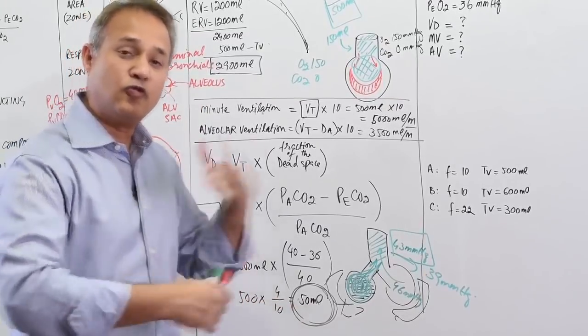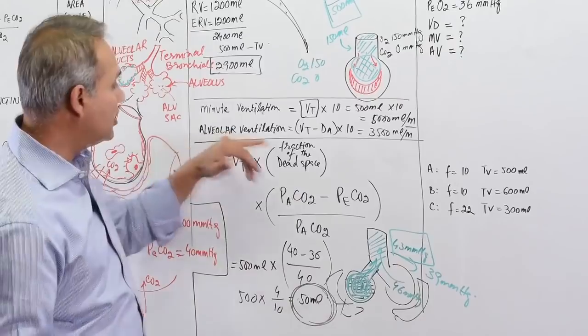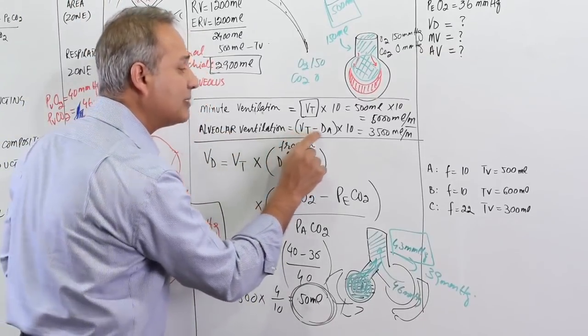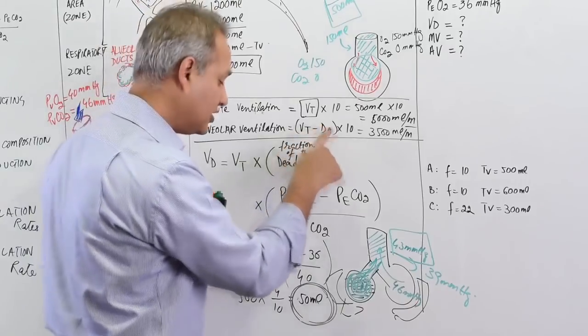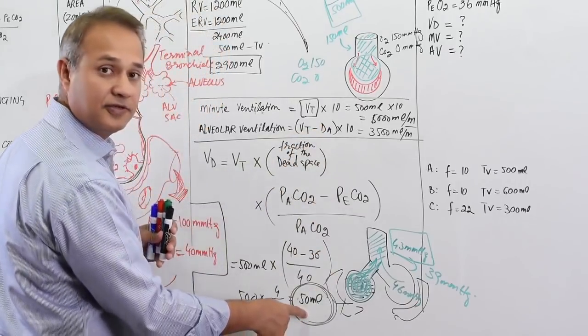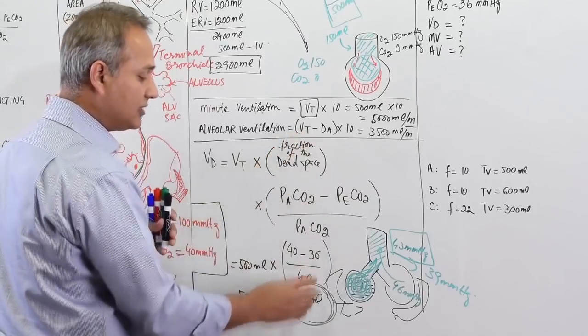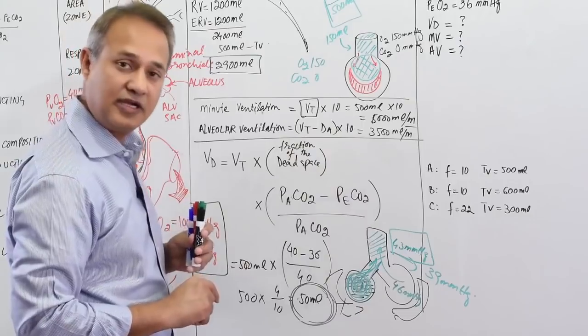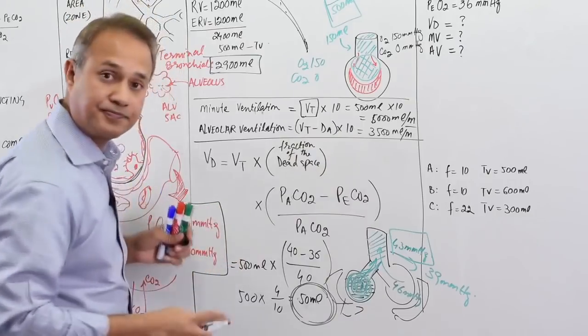Now if you wanted to convert that into the alveolar ventilation, then over here when we said take the tidal volume and subtract the dead space, what are you going to subtract? You're going to subtract this. So you take 500, subtract 50, and then multiply it with the breathing rate. So what would be the answer here?